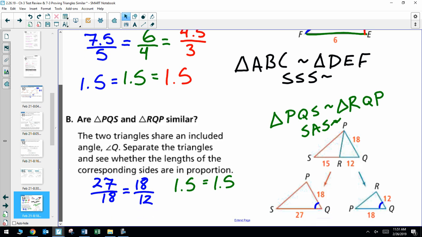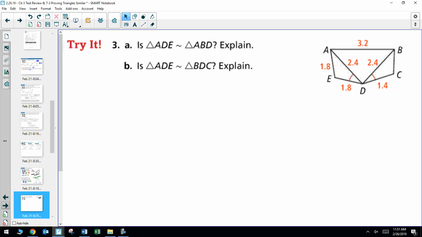Does anyone have any questions or need another second on this? Okay, so applying it here, is triangle ADE similar to triangle ABD? So is this triangle on the left similar to the triangle in the middle?